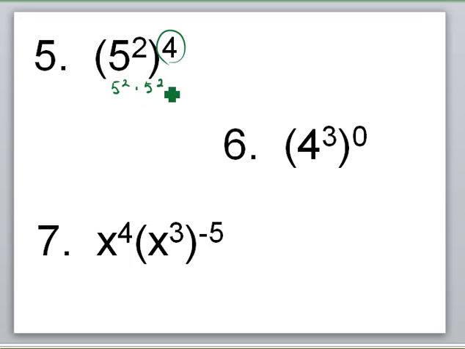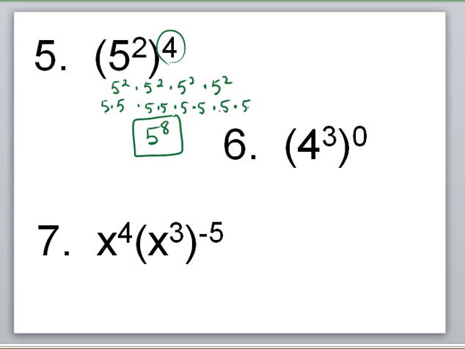So if I write that out, 5 squared times 5 squared times 5 squared times 5 squared, this is what I have. But now if I take that further, I have 5 times 5, because that's what 5 squared is, times 5 times 5, times 5 times 5, and then 5 times 5. So I end up with 1, 2, 3, 4, 5, 6, 7, 8 5s.